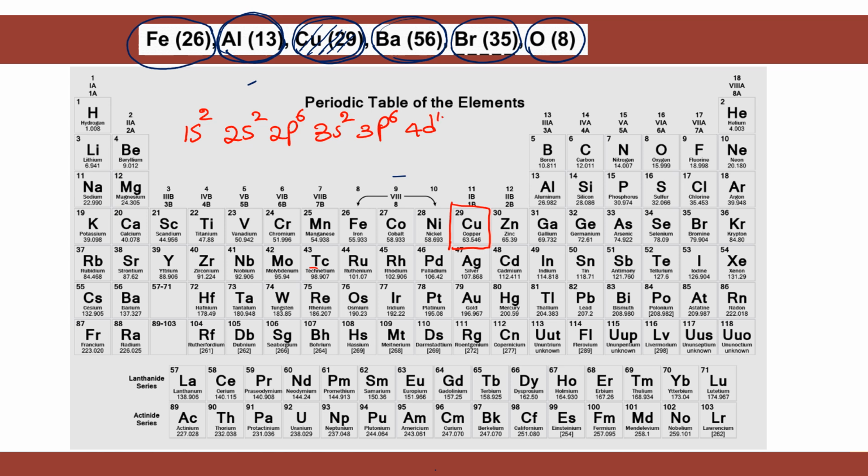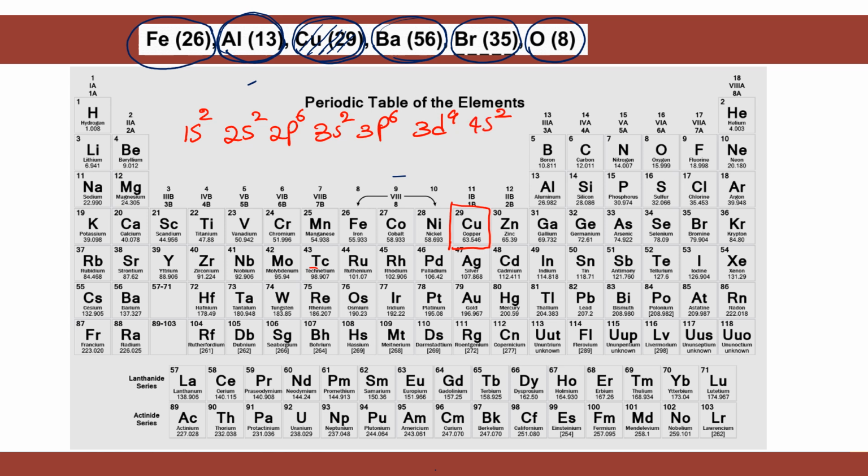Yes, 4d10, yes, then what? Last 4d9, isn't it? 4d9 and 3, sorry, which is 3d9 and 4s2, isn't it?